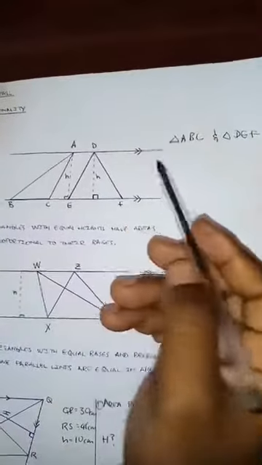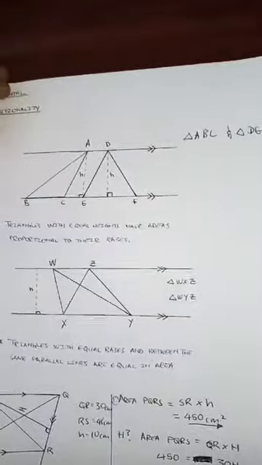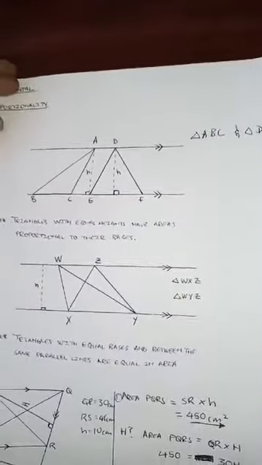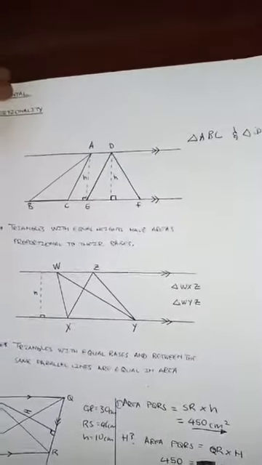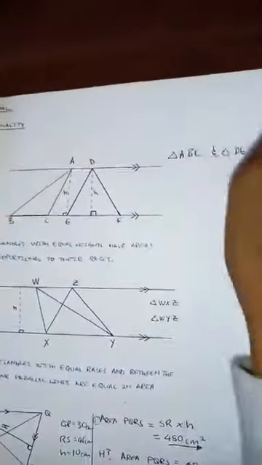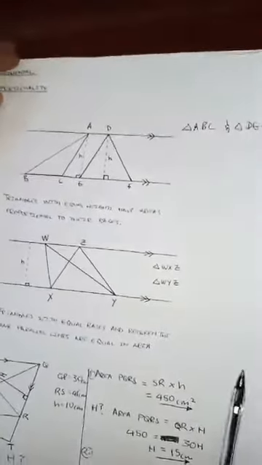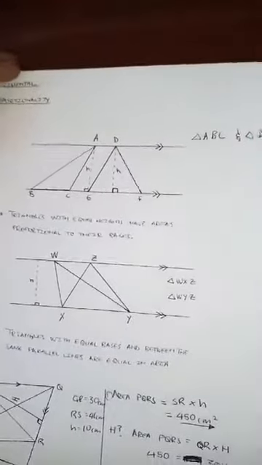These two triangles are within parallel lines, and for the mere fact that they are within parallel lines, their heights should be similar. They should have the same height.